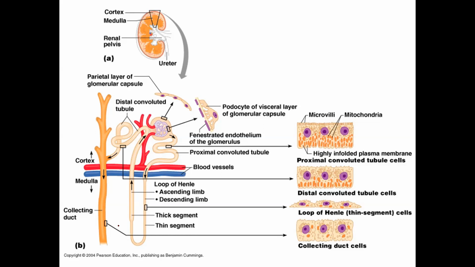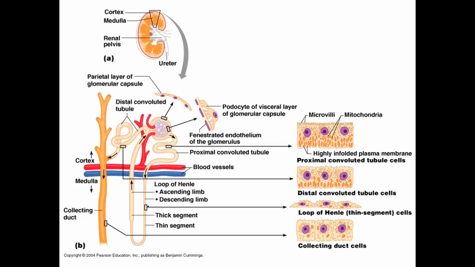Okay, so all right, let me come back to review these structures we just talked about. Arcuate artery, cortical radiate artery, afferent arteriole, capillaries, efferent arteriole. On the tubular side, we talk about the proximal convoluted tubule or PCT.